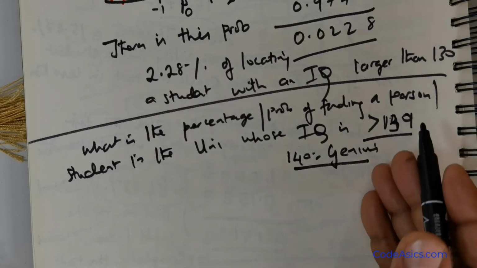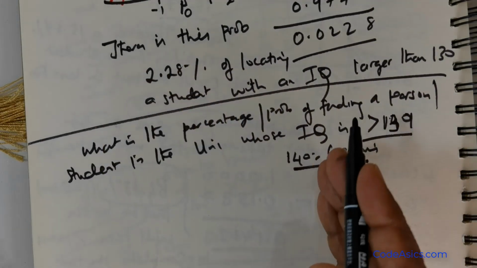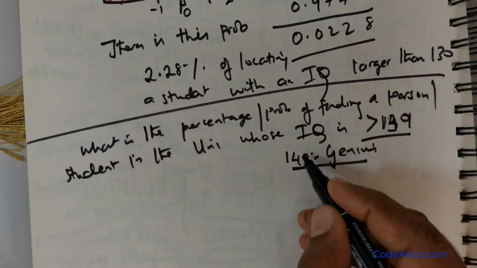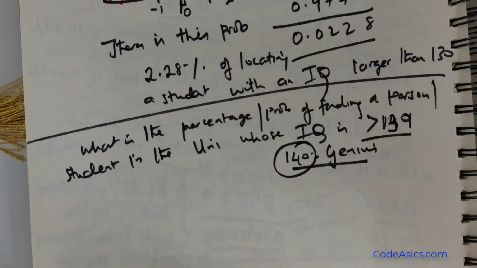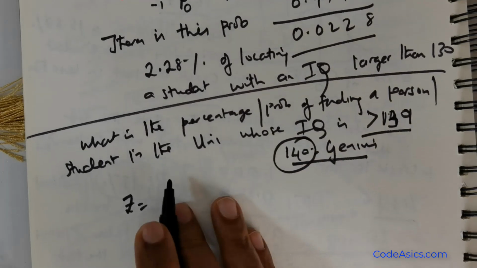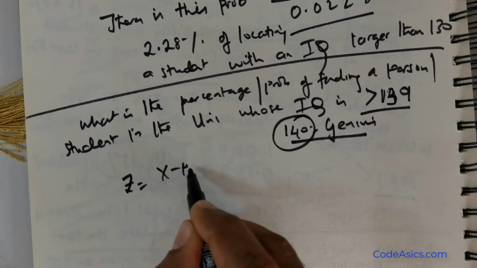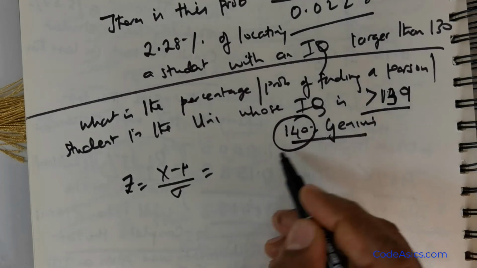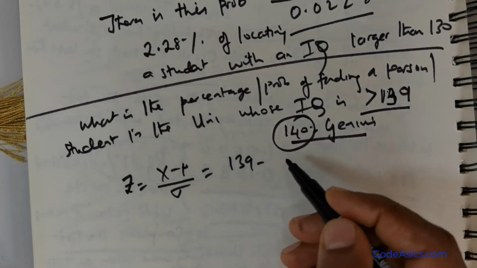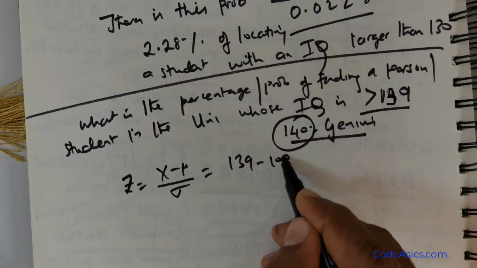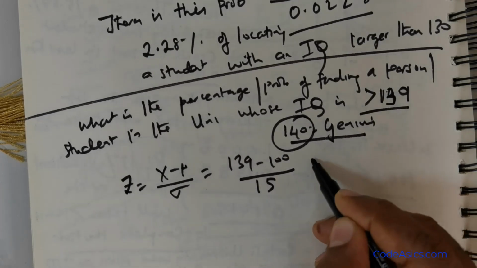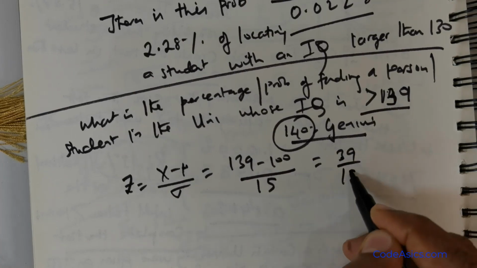So that means we are looking for people who are greater than 139, means we are actually looking for finding a genius. So go to the z formula, z score, x negative mu divided by sigma. My x is 139, my mu is 100, my sigma is 15. So this is 39 divided by 15.